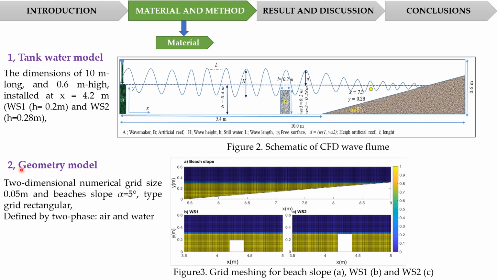Number two, the geometry model. Figure 3 shows the grid meshing for the beach slope in figure A, WS1 in figure B, and WS2 in figure C. The two-dimensional numerical grid size is 0.05 meter and the beach slope equals 5 degrees. It has been designed with a rectangular mesh, using two phases, air and water.